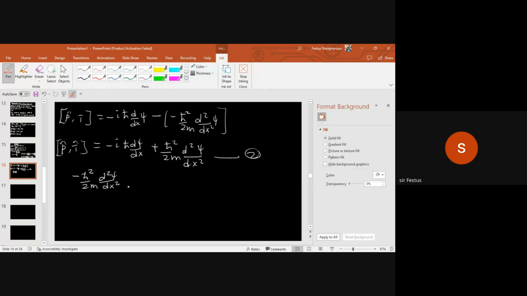Then minus or plus i h d psi on the x. Then everything is minus. Minus, we have the square, h square, not the square, h square first.